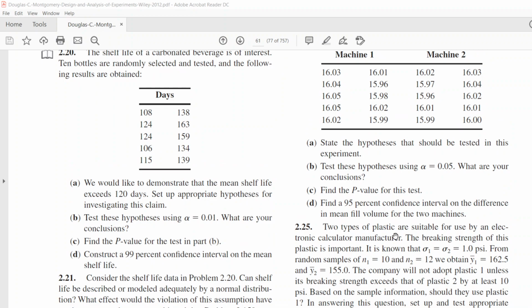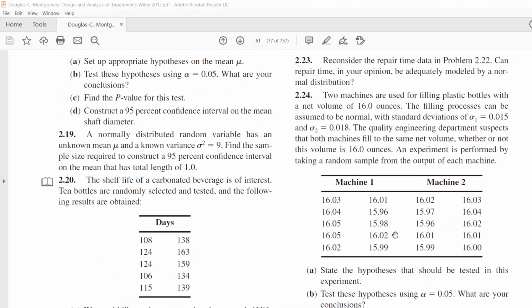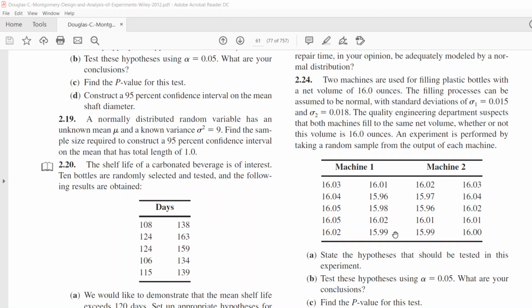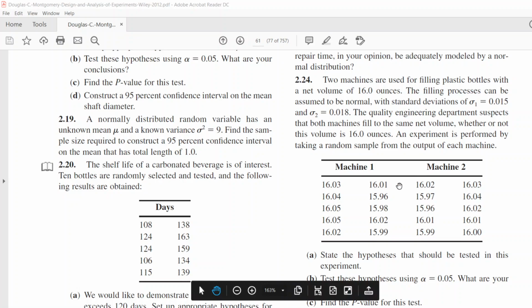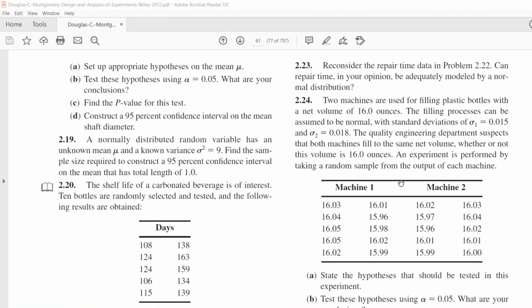I can try to find another example that will be not pooled, something hopefully that's like paired. Well, this is definitely going to be pooled. Those are two different machines. Alright, so we know that. If it was from the same machine, the machine was doing two things simultaneously, then I'd get that.